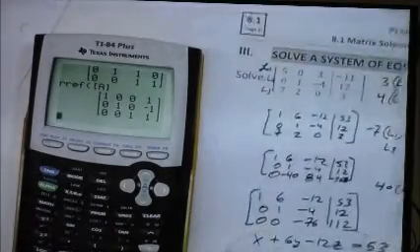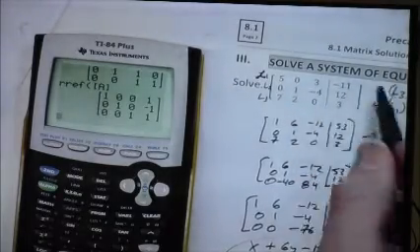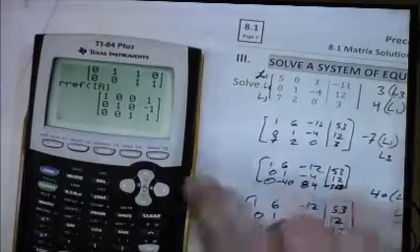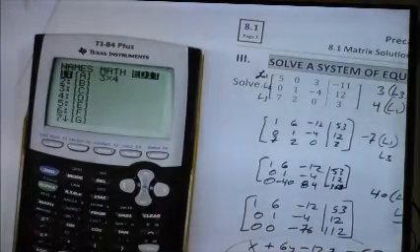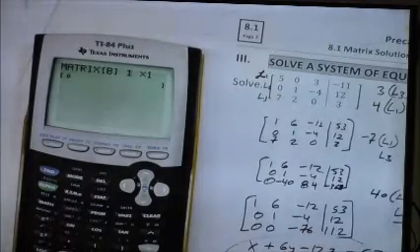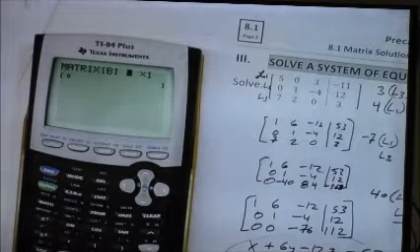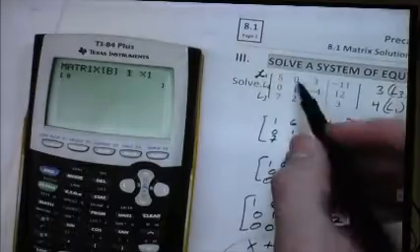The second one that we did, I want you to go in and do the B matrix. I want you to enter this one. Make another matrix. So go to second, matrix, go to edit, press 2, and I want you to enter this one in there. And I want you to do RREF and see if you get the answers that I did. So everyone do that right now on your calculator. This is from page 2.